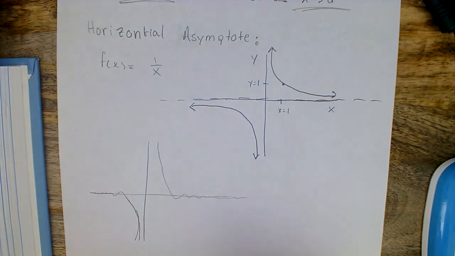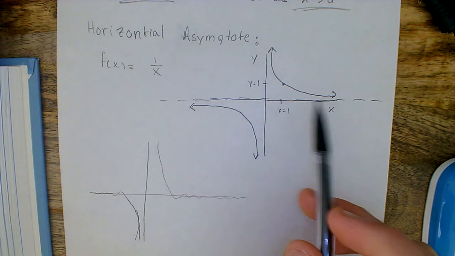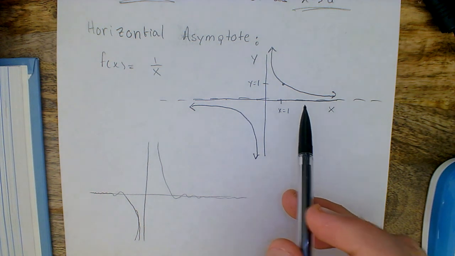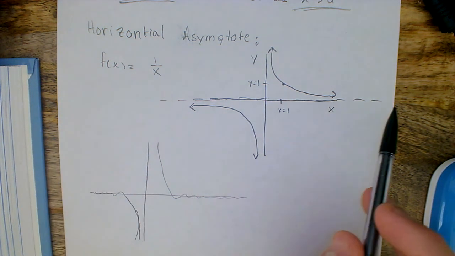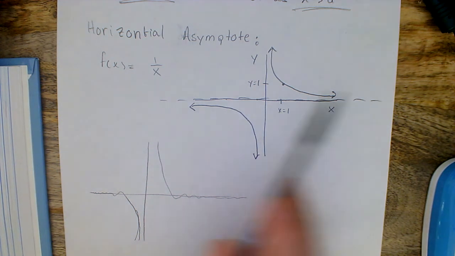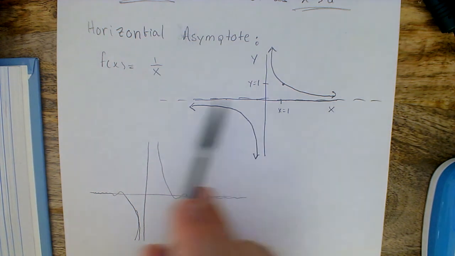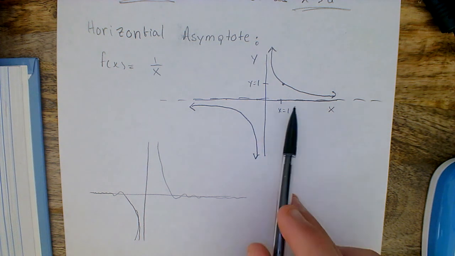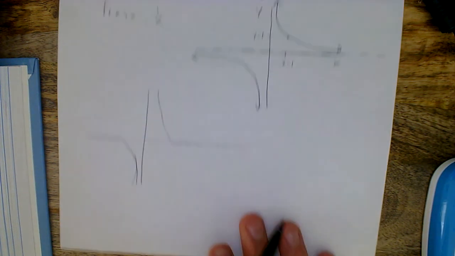The thing is we have to look at what exactly happens as x goes to infinity, because the horizontal asymptotes have to be lines that stretch across this whole x axis. So we have to look at the end behavior, when x goes to infinity, or when x goes to negative infinity.